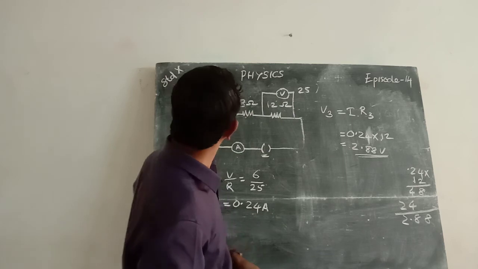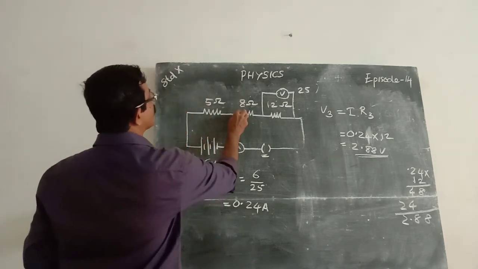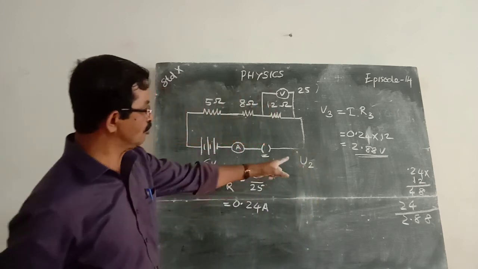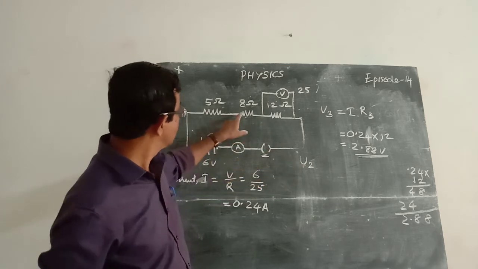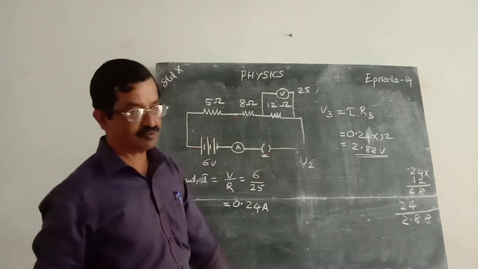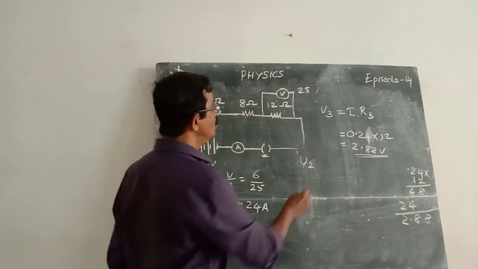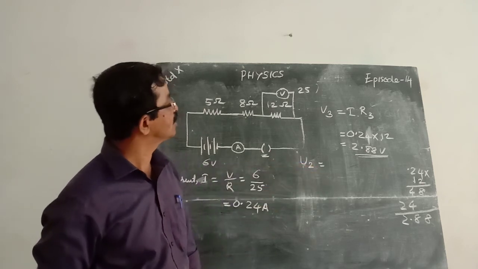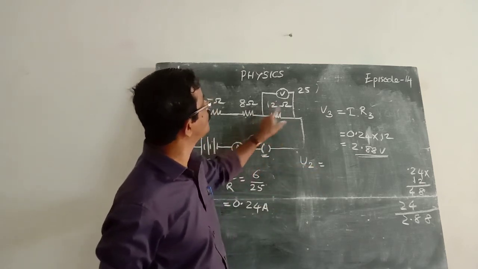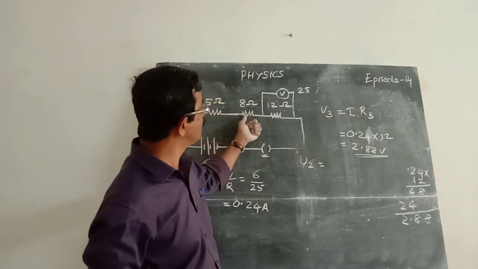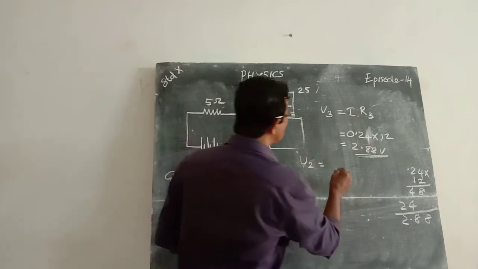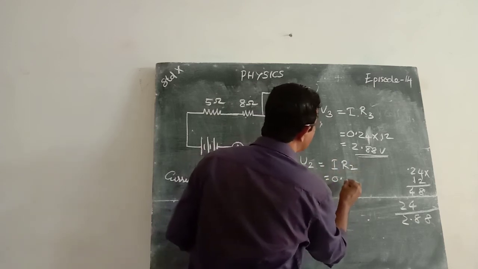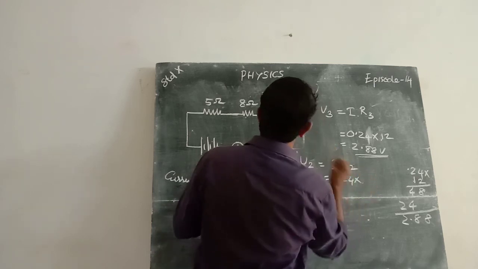In the same manner, can you find the potential difference across this 8 ohm resistor? Let it be V2. It is your duty to find it. We know V3 is I into R3; similarly V2 is equal to I into R2, that is 0.24 into 8.